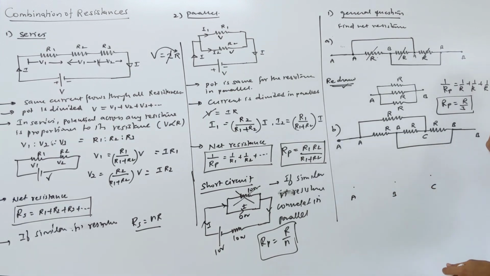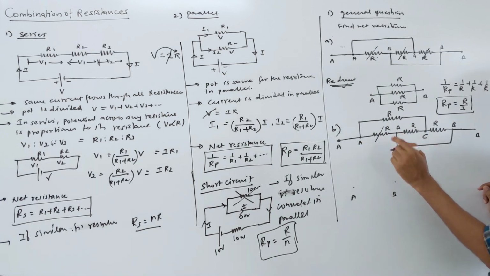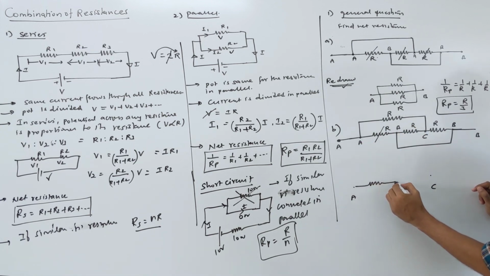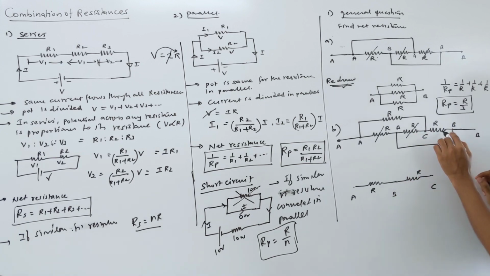Yes. Now look here, check one by one where they are connected. Let's check where this resistance is connected, between A and B. So it's connected here, R. Where is this connected? B and C, so it's connected here, R. This is also done. Where is this connected?